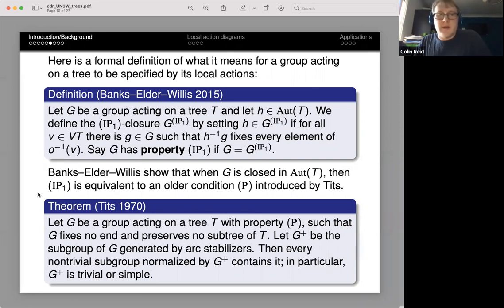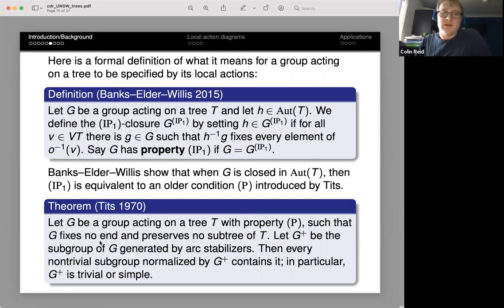So what's interesting about Tits property P is that you can use it to produce examples of simple groups. If you have a group acting on a tree with property P, and we also assume it doesn't fix any ends of the tree, an end is an equivalence class of infinite forward paths, where you say two such paths are equivalent if they eventually coincide.